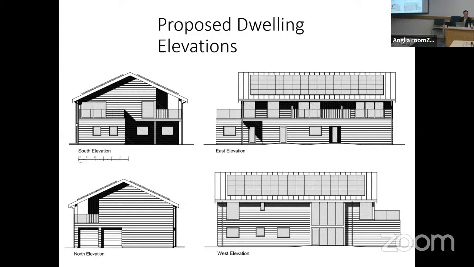So in terms of the principle of development, it is considered that the proposed scale and mass of the dwelling is not acceptable. We feel that there isn't enough justification and reason provided for a dwelling being situated on site for a rural worker, and in principle, we do consider that the operation of the site is possible without the need for a dwelling.